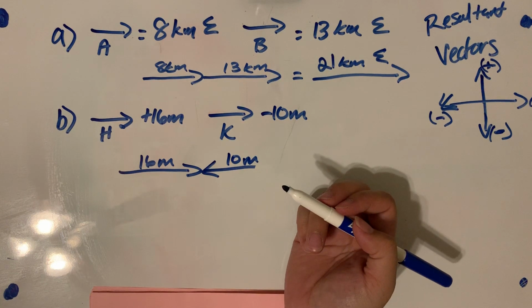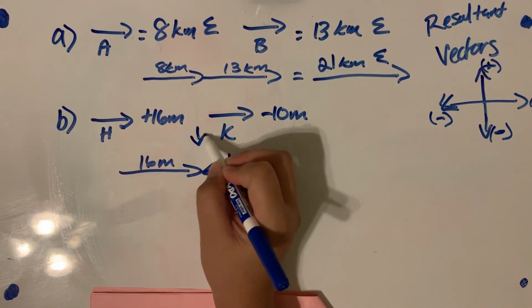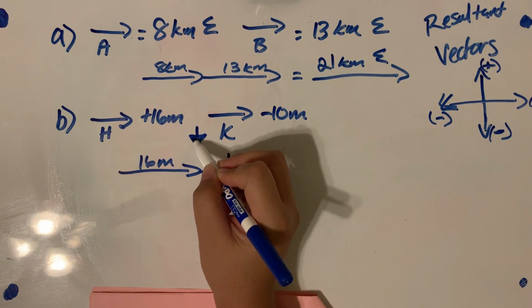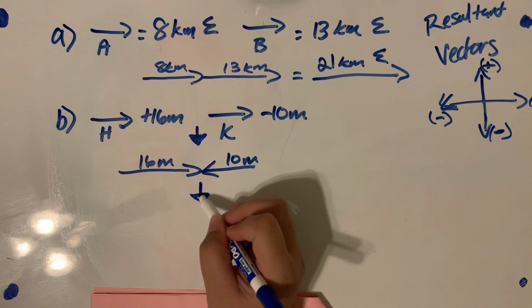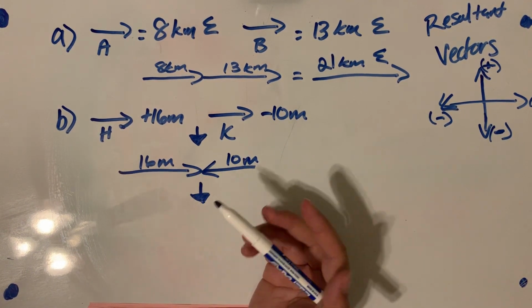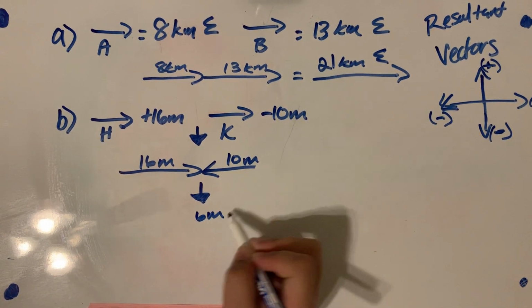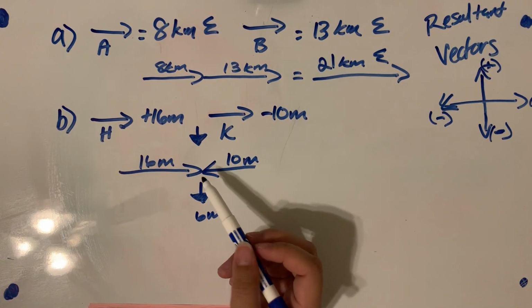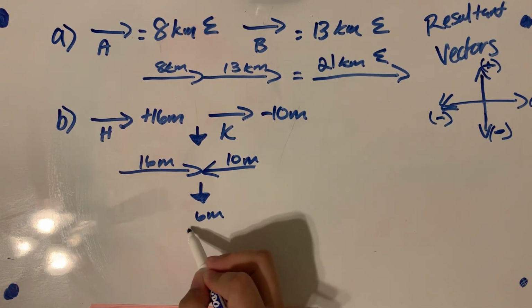So what is your resultant vector? We went from there to here. And now, what is our resultant vector? Remember, they go opposite directions, so you subtract. It's going to be 6 meters. I know that much. And then it's going to go in the direction where, of course, the number is larger.